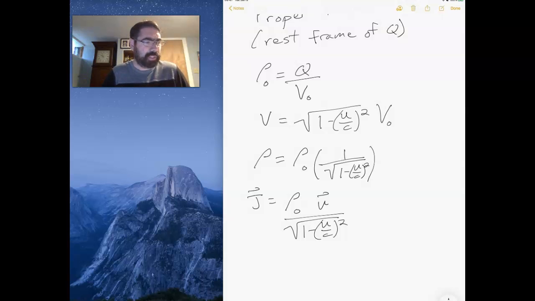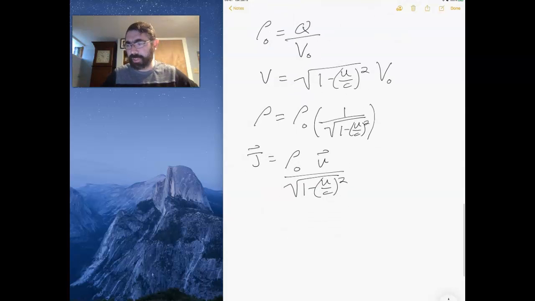So if you look at this now, this is essentially a modification of the velocity. And so I could write my current density as a 4 vector, so 4 components to it, the charge density times, say, a proper velocity, eta.